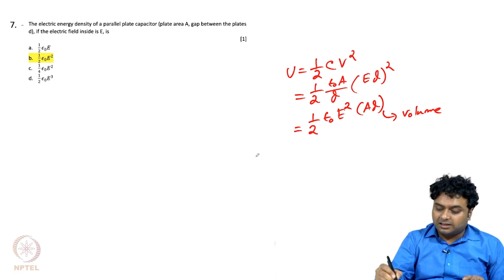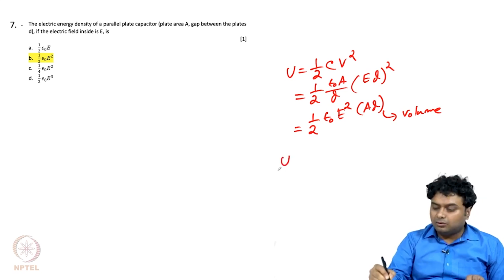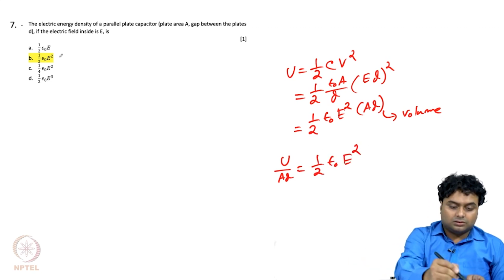So the energy density is U by AD equals half epsilon naught E square. So this is the correct answer.